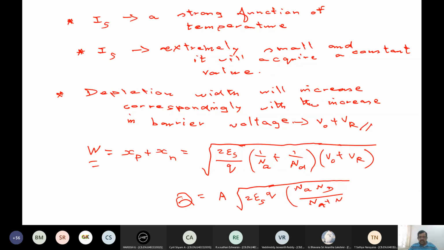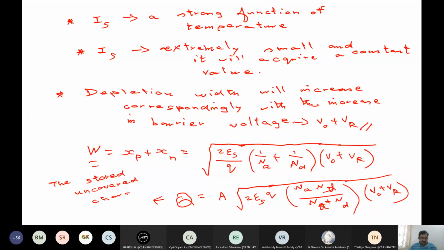I have written capital and small mixed up, I am sorry for that. Earlier it was V naught, now it becomes V naught plus VR. Because these values are increasing, obviously the width will increase. The stored uncovered charge also increases. We say stored because the ions are fixed to the lattice.